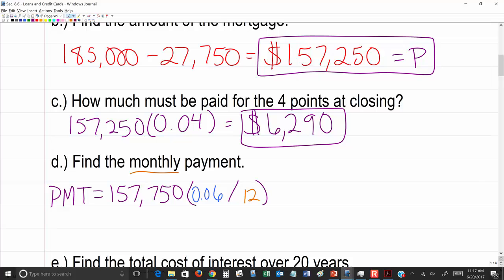And then divided by parentheses 1 minus parentheses 1 plus R over N, so 0.06 over 12, to the power of negative 12 times 20, since it's a 20-year mortgage.